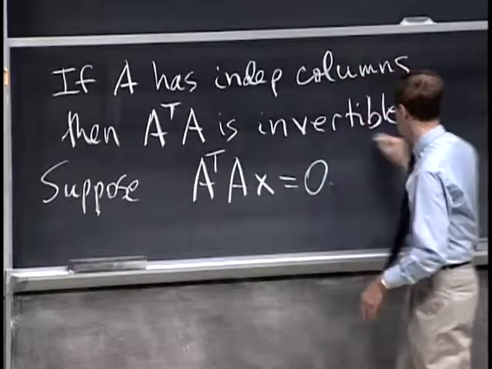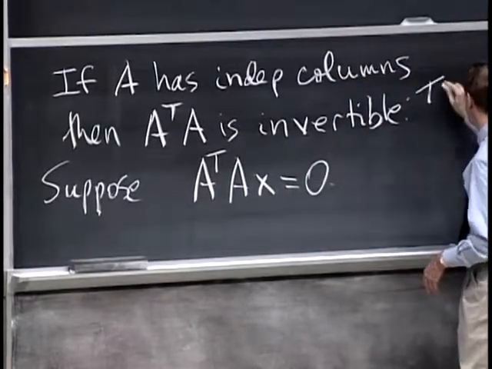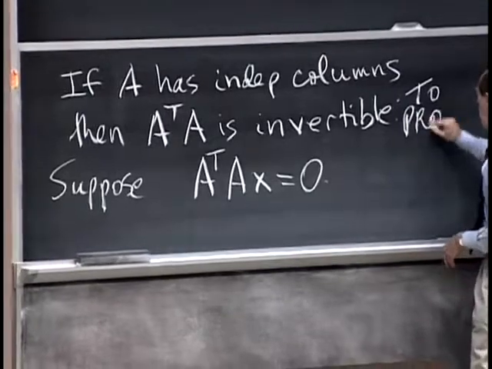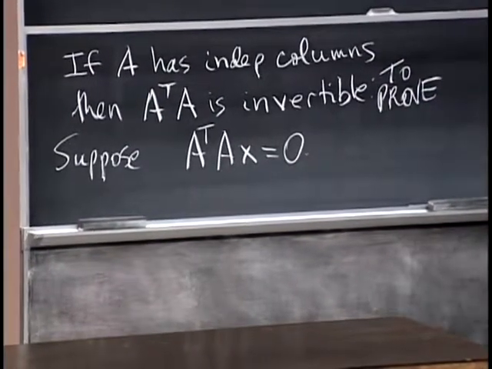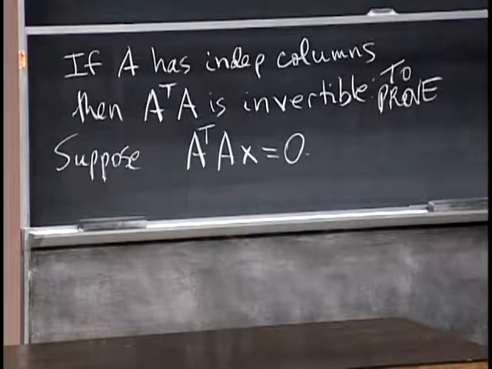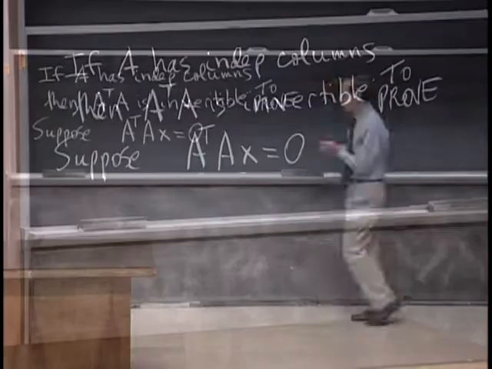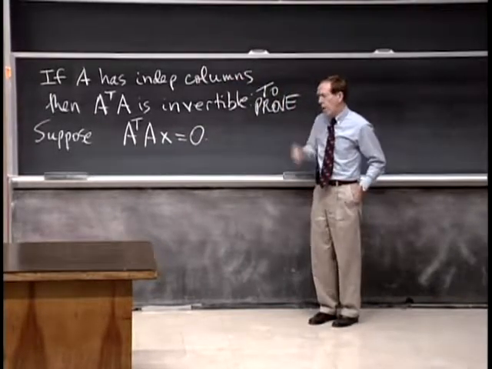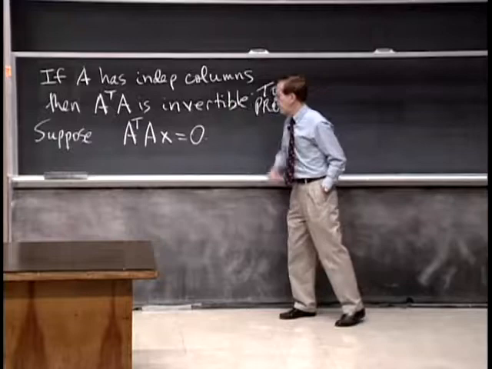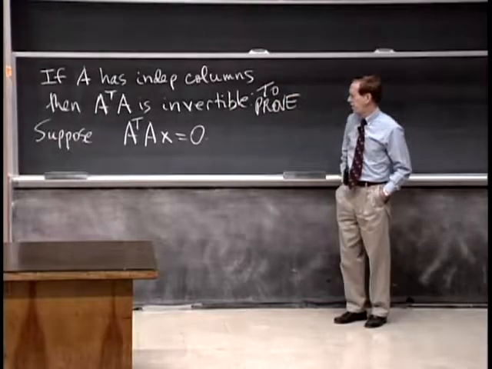I'm trying to prove this. I don't hammer away at too many proofs in this course. But this is like the central fact, and it brings in all the stuff we know. Okay, so I'll start the proof. Suppose A transpose A x is 0. And I'm aiming to prove A transpose A is invertible.